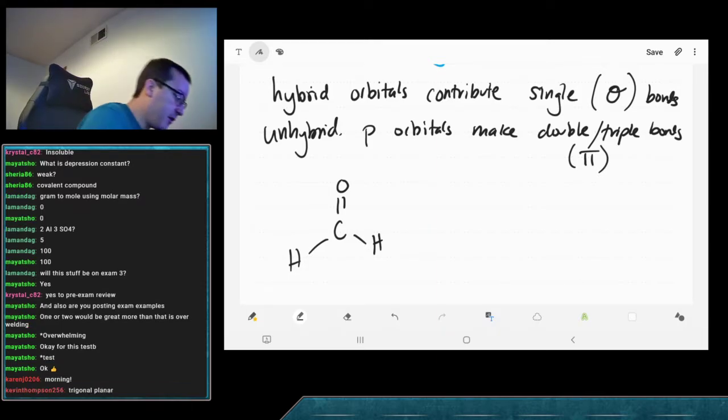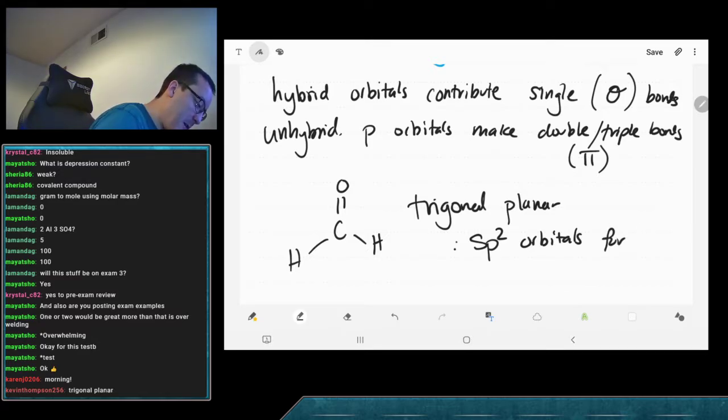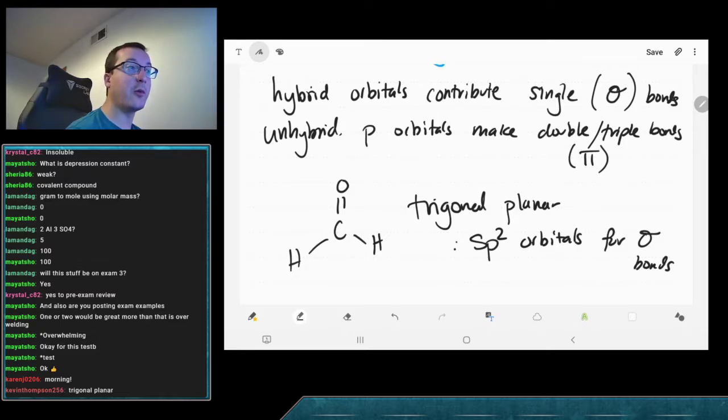Yeah, it's trigonal planar, right? Which means that we are going to be using sp2 orbitals for sigma bonds. And we're going to have 3 of them.